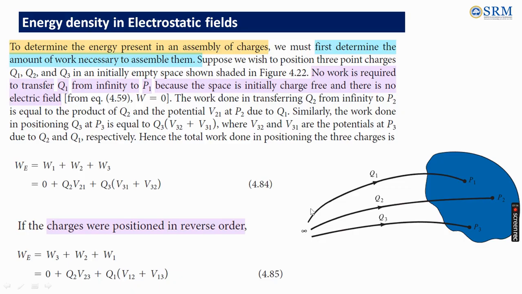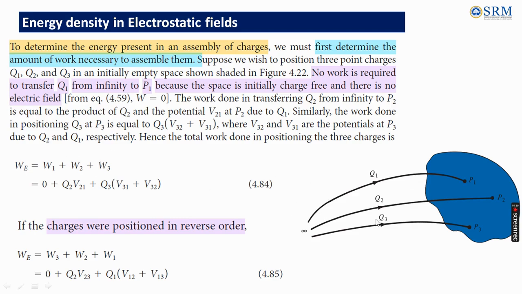If I move a charge Q1 from infinity to the point P1, there is no work done, because initially the space is charge free and there is no electric field. So the work done is zero in moving the charge Q1 from infinity to P1.